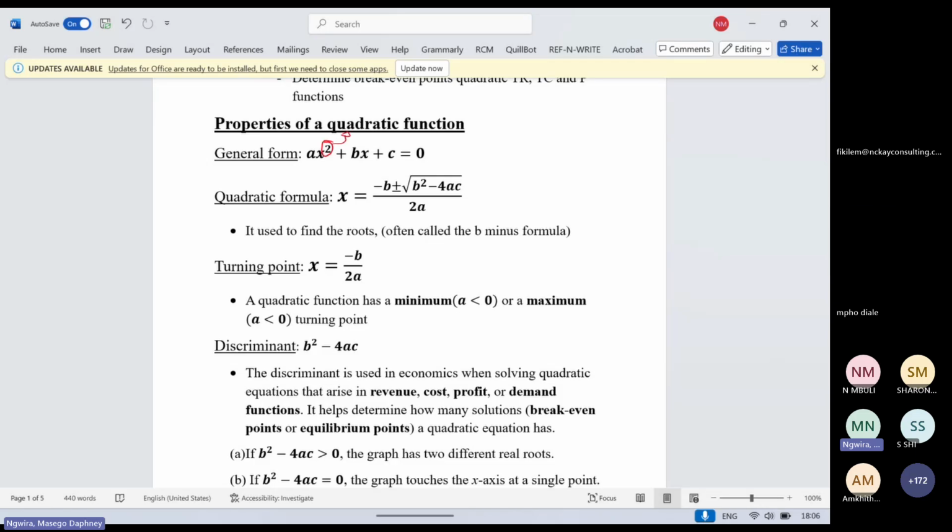Every time you have a formula or an equation, yes. On my side, I cannot see your screen. Not sure if there's something wrong on my side. Can anyone see my screen besides Teboho? Yes, Teboho, you can. I can see the screen, yes.